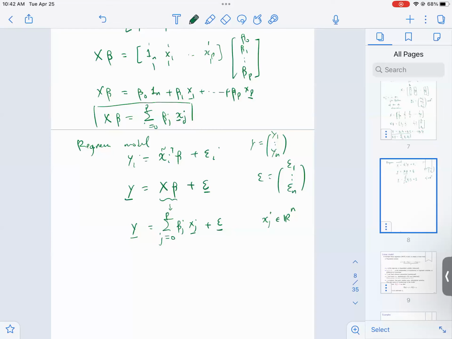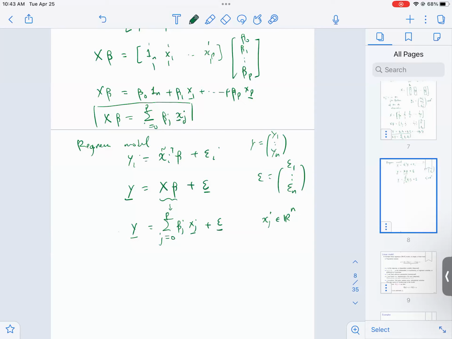Instead of trying to explain all the observations separately as individual ones, we collect them into a vector. Now I just have a vector that I explain as the sum of a bunch of other vectors.